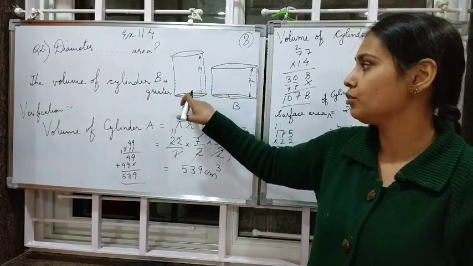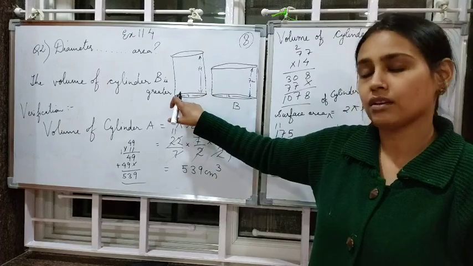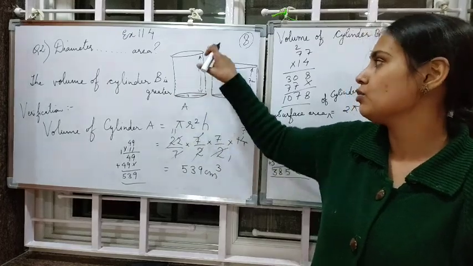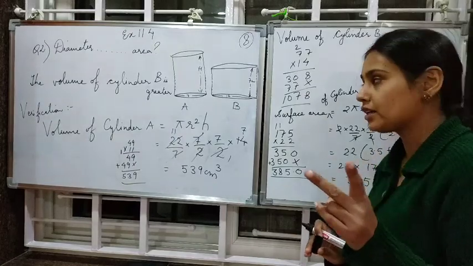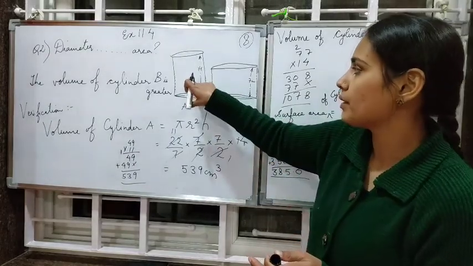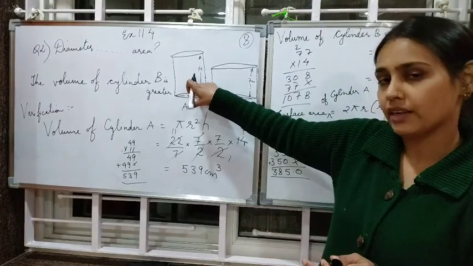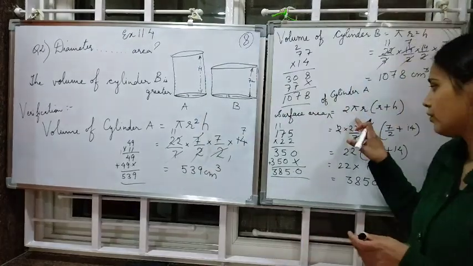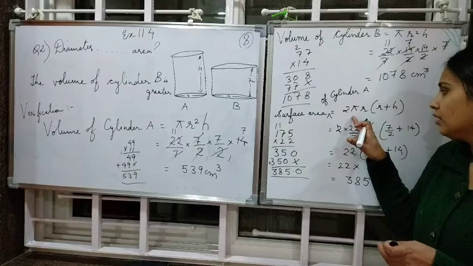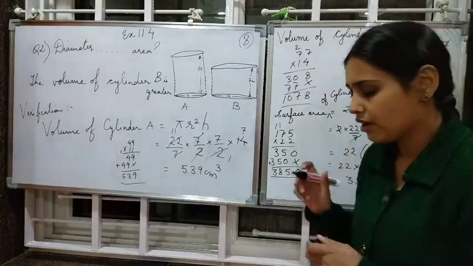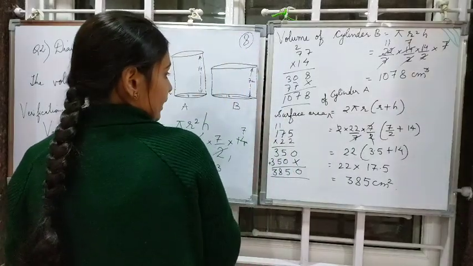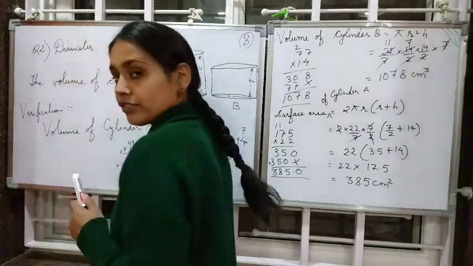Because it is equivalent to the circumference of this circle, right? So 2 pi r into h. So pi r square plus pi r square gives us 2 pi r square. So 2 pi r square plus 2 pi r h. So when we take out 2 pi r common, it comes out to be 2 pi r into r plus h. Okay. So this completes the surface area of cylinder A.